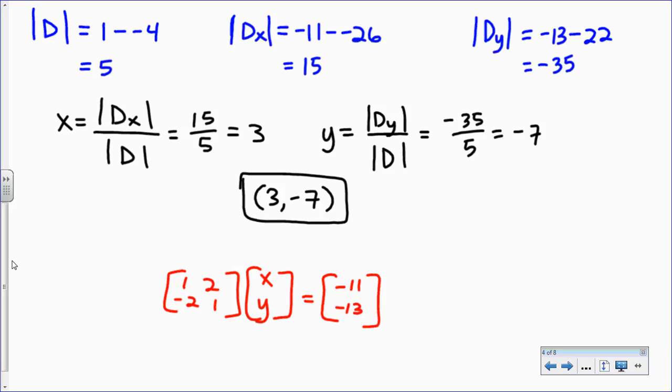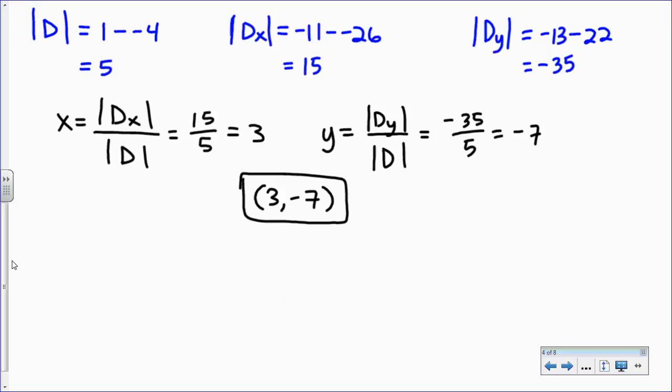If you plug in 3, negative 7 here for x and y and multiply those, you would get negative 11 and negative 13. Does that answer your question? Yeah. Okay.